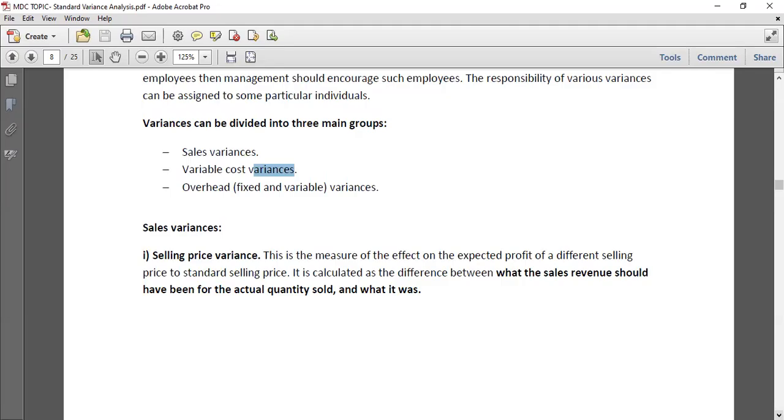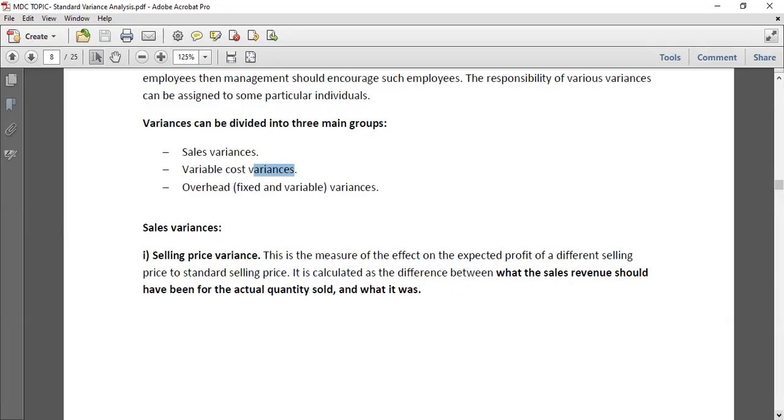Now sales is revenue. And with sales, the parameters you're looking at here have to do with price. Remember, sales is price times quantity. If you want to get your sales revenue, it will be the price of your commodities times the quantity that you've sold.